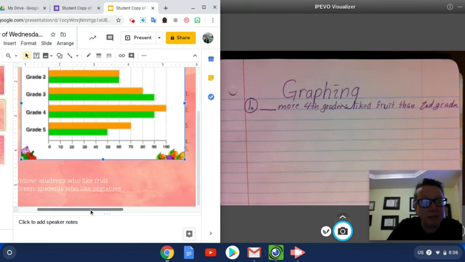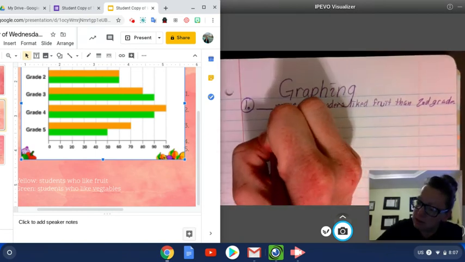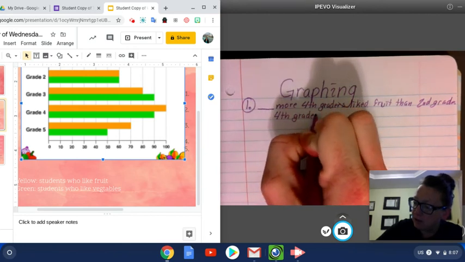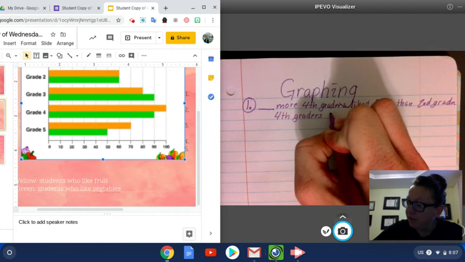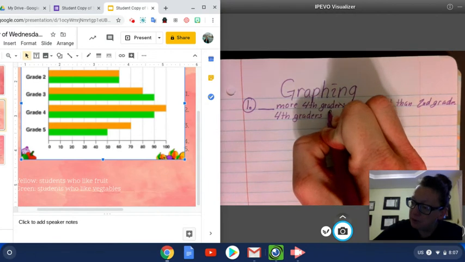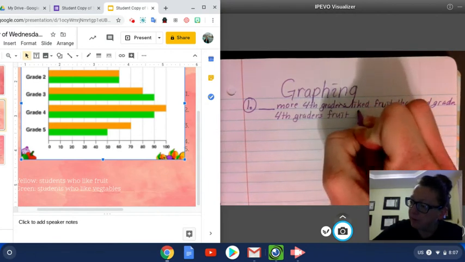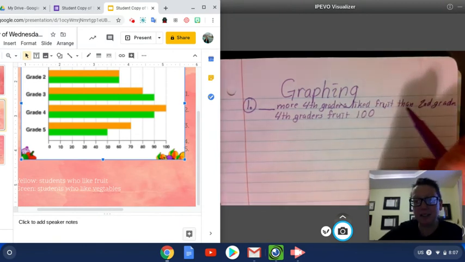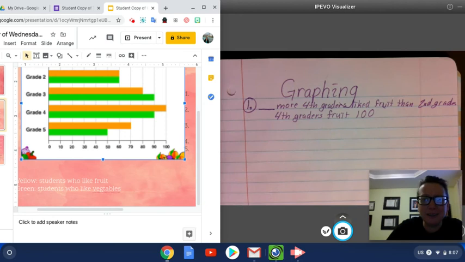And when I look at my scale and we go up, I can see that 100 fourth graders that like fruit, there are 100 students. Now I need to look at the second graders. Do I need to look at the green if that's talking about vegetables? No. But I do need to look at second grade.